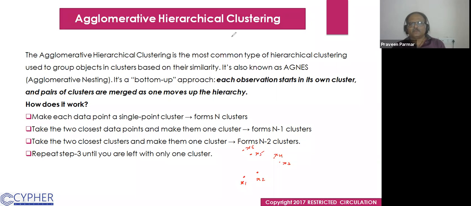We find the distance between them. We find the distance between these two, then between these, and for each point we measure the distance to each other point. Then we see what the smallest distance is. We get this smallest distance here, so this would be our first cluster.